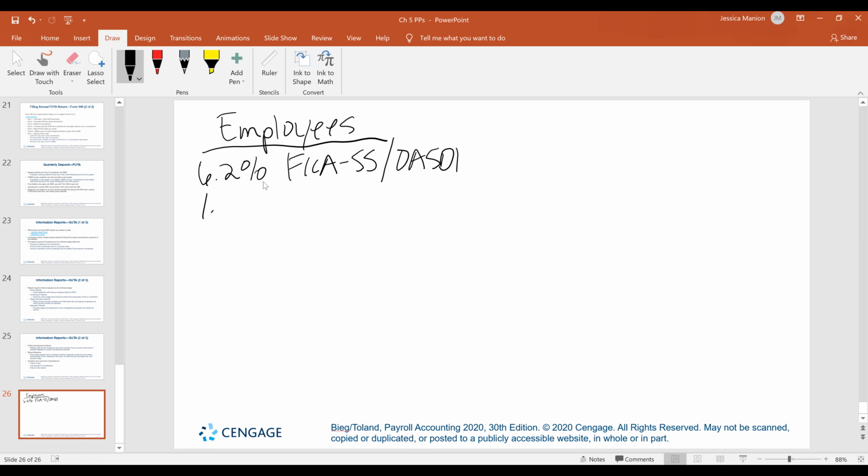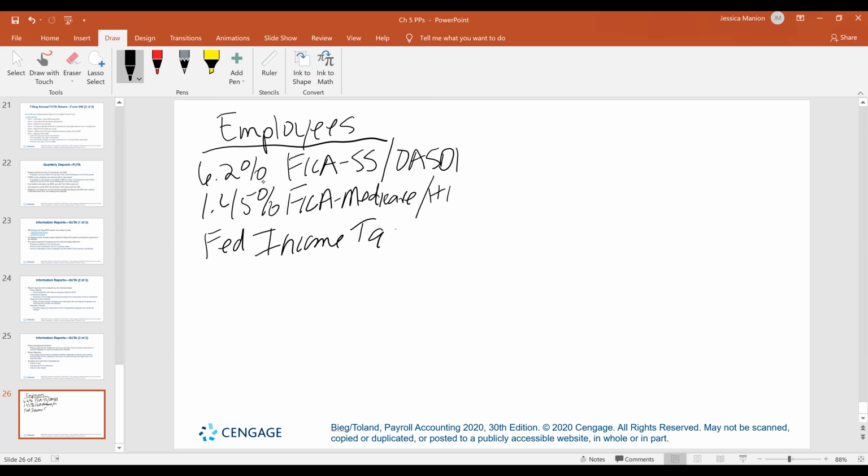They have to pay 1.45% for FICA, Medicare, or what we have been calling HI. Then they have to pay federal income tax, and then oftentimes state income tax. That's what employees have to pay, that's what they get out of their check.